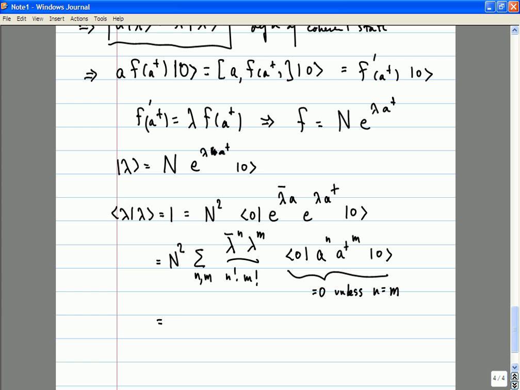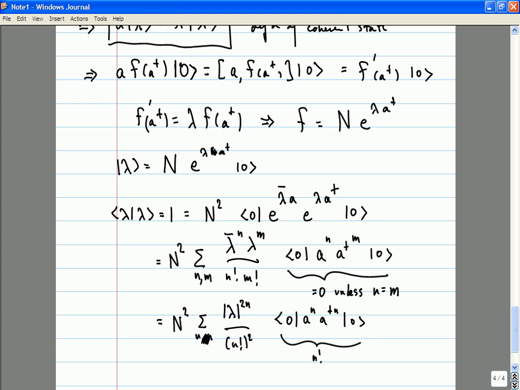So this is n squared times the sum over n, now, because we're setting n equal to m, of the absolute value of lambda to the 2n power over n factorial squared times the norm of the state a dagger n acting on the vacuum, which is something that we discussed earlier and is just equal to n factorial.